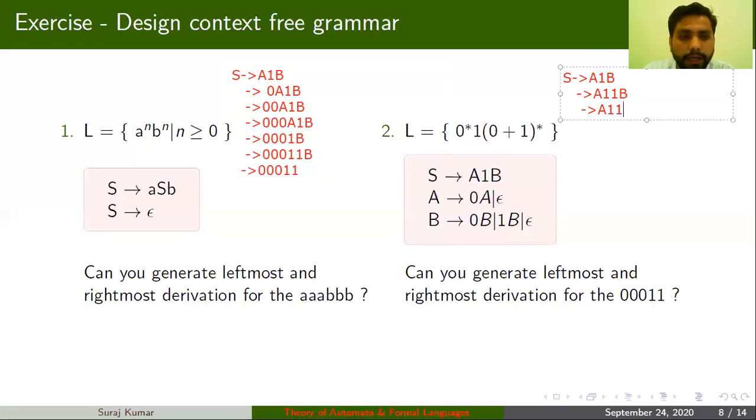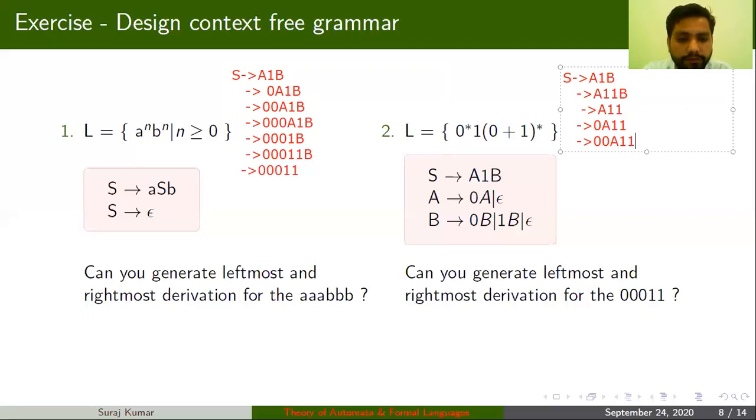So you can write A11. I'm not writing epsilon here. Now there is only one variable here, so to generate the zero, you can replace this A with 0A. So you will get this one, and then again you can replace this A with 0A.